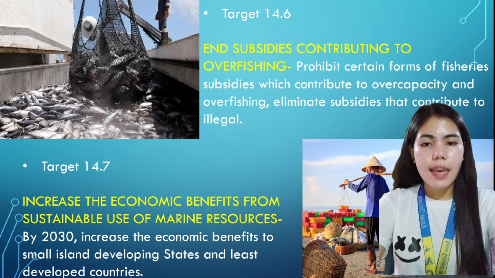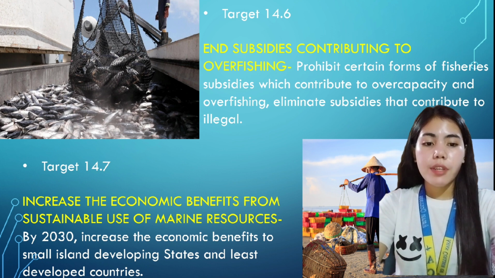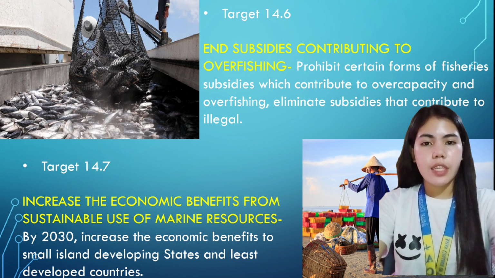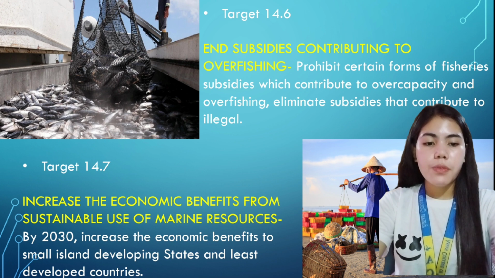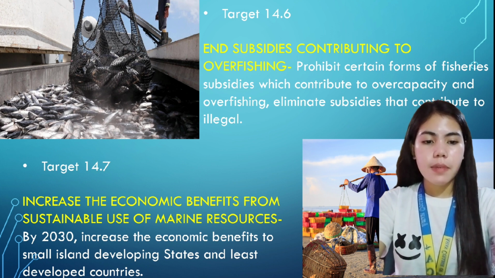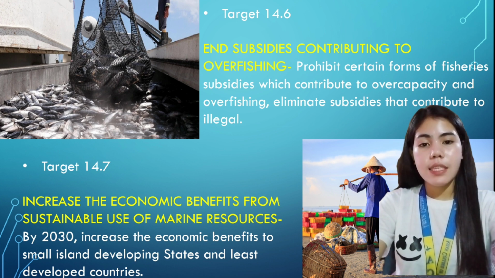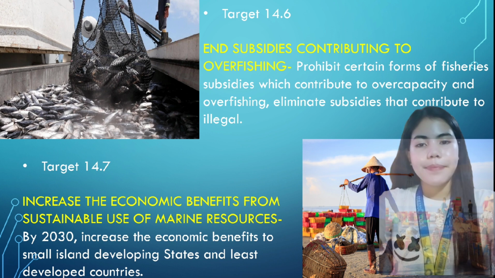Eliminate subsidies that contribute to illegal, unreported and unregulated fishing, and refrain from introducing new such subsidies, recognizing that appropriate and effective special and differential treatment for developing and least developed countries should be an integral part of the World Trade Organization fisheries subsidies negotiation.